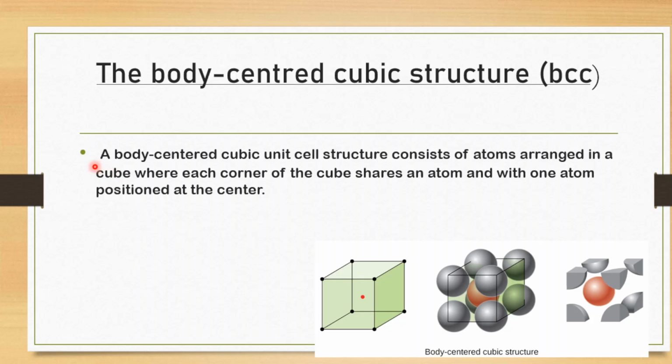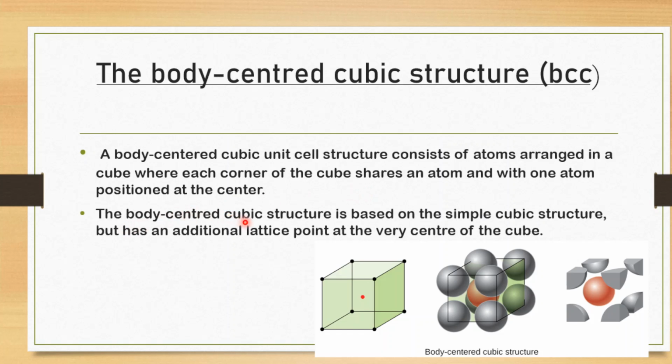So, a body-centered cubic unit cell structure consists of atoms arranged in a cube where each corner of the cube shares an atom, and with one atom positioned at the center.